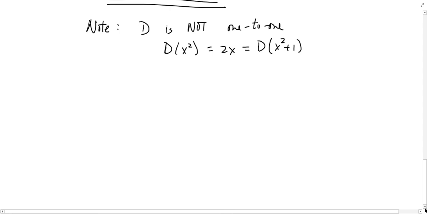So here is the theorem that tells us what happened.